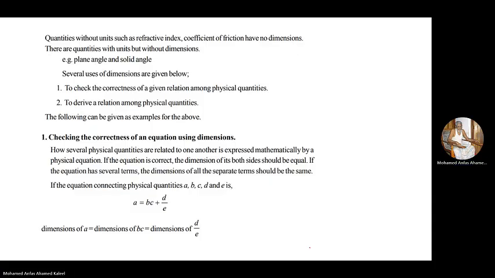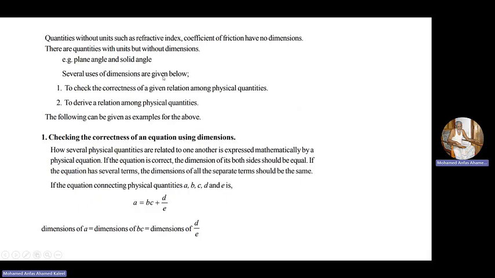Refractive index and coefficient of friction are unitless, so they have no dimensions. But there are some quantities with units but without dimensions, for example, plane angle and solid angle.